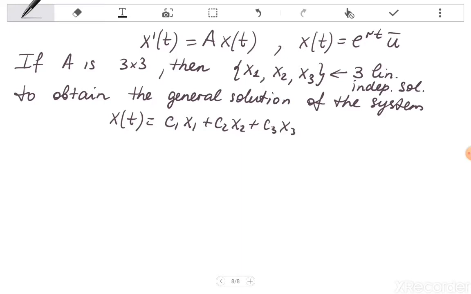And now, as we noticed, if A, for example, we considered A a 3 by 3 matrix, has 3 different eigenvalues, then we can get 3 different solutions, right? We can get 3 different eigenvalues, 3 different eigenvectors, so 3 different solutions. The question is, are they linearly independent solutions?